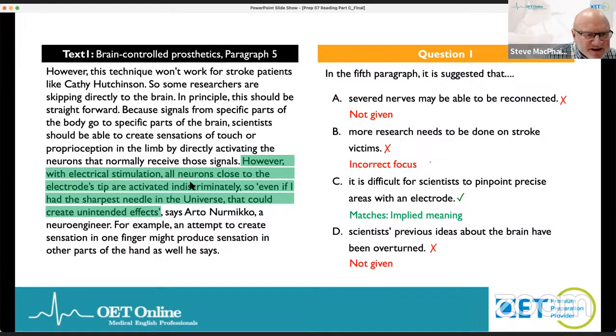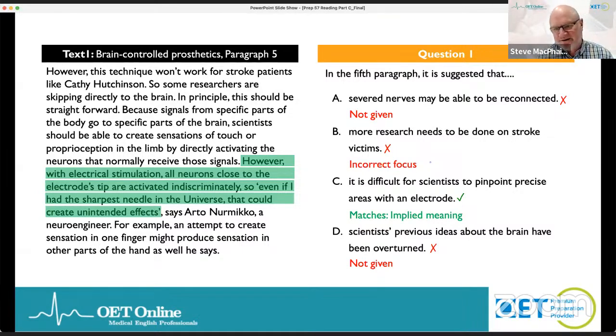It says here, all neurons close to the electrode tip are activated. So if pinpoint is to get one neuron, like a pin is a very fine thing, a very fine point, to pinpoint is to get an exact neuron. So that's what pinpoint means, a precise area.